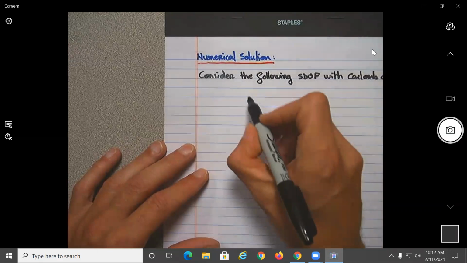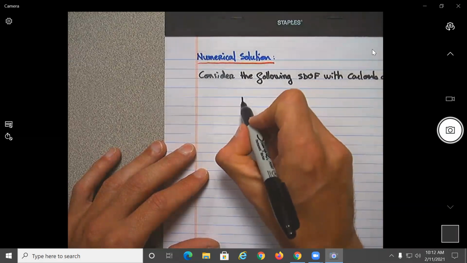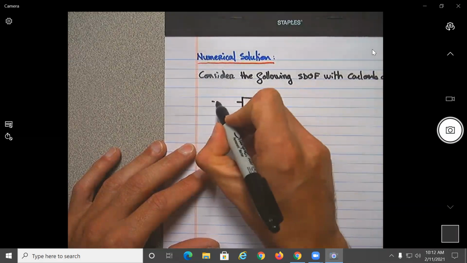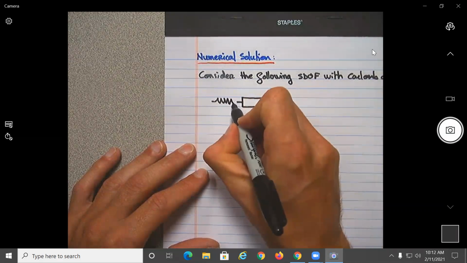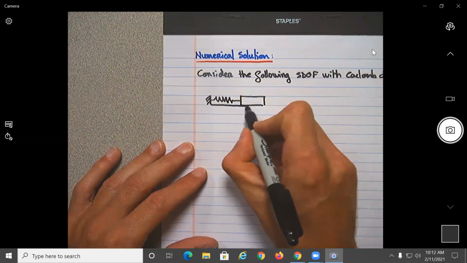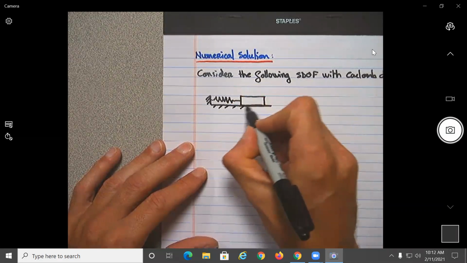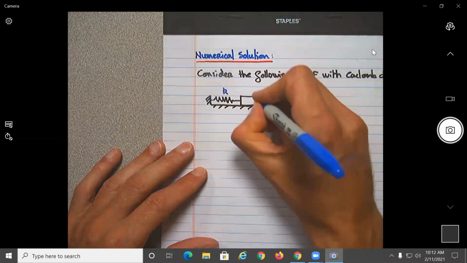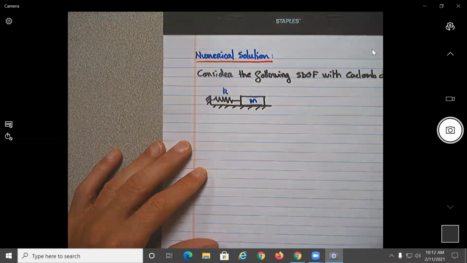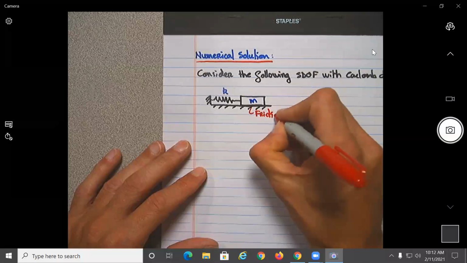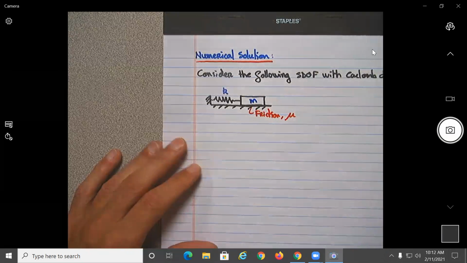So basically it's the same figure, but let me redo it. I like figures. This is K, this is M, and here we have friction coefficient mu.